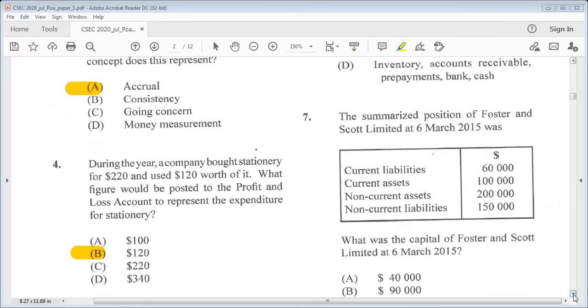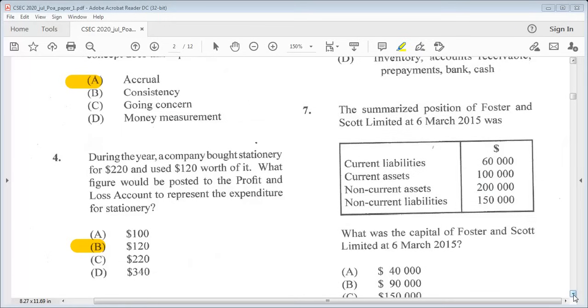Let's go on to number 7. They summarized the position of Foster and Scott Limited at 6th of March 2015. So we have current liability $60,000, current assets $100,000, non-current assets $200,000, and non-current liabilities $150,000. So the question says, what was the capital of Foster and Scott Limited at 6th of March 2015? So we know our current assets, $100,000, non-current assets, $200,000.